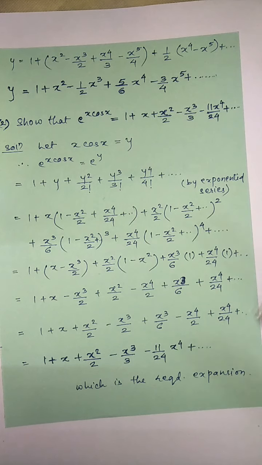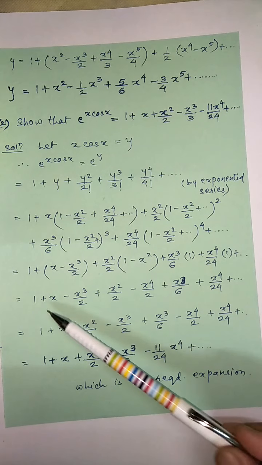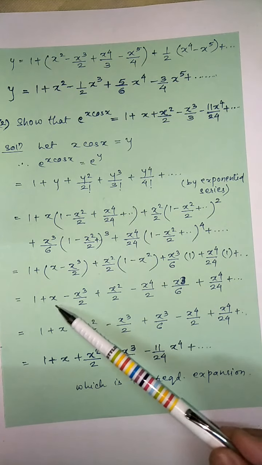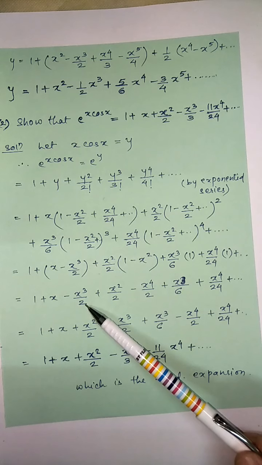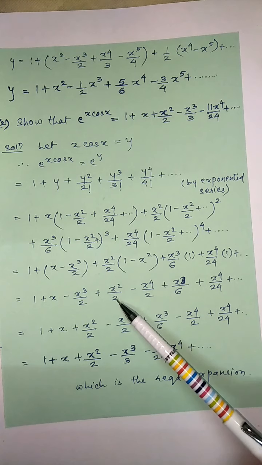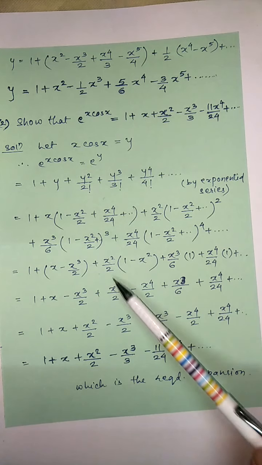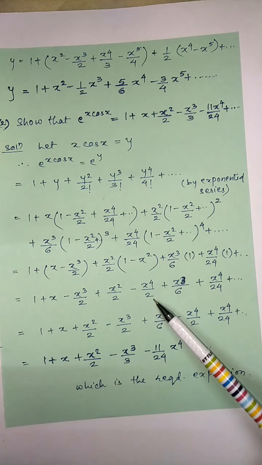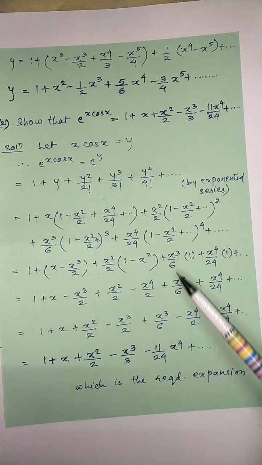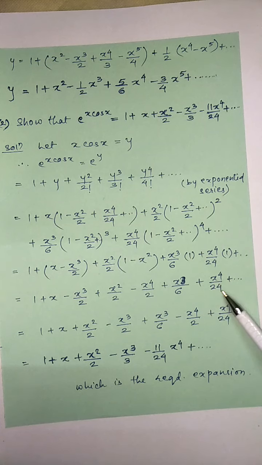And now we will simplify this. So what we have is 1 plus x minus x cube by 2 plus x square by 2 minus x raised to 4 upon 2 plus x cube by 6 plus x raised to 4 upon 24 plus it will continue.